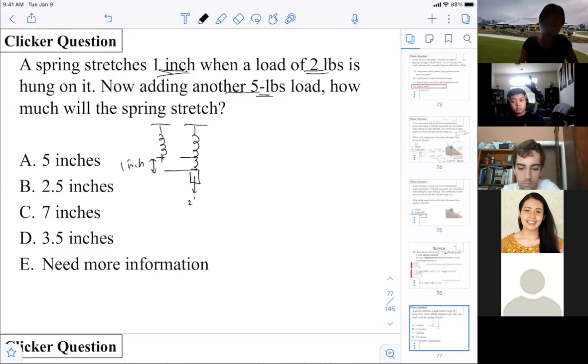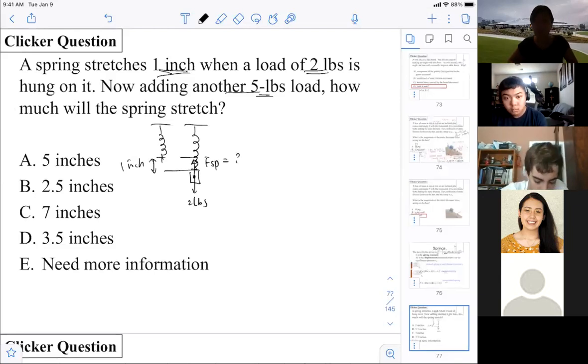And you put a 2 pounds object on it, that's the weight. So what is the spring force in this case? The spring force is equal to how many pounds?